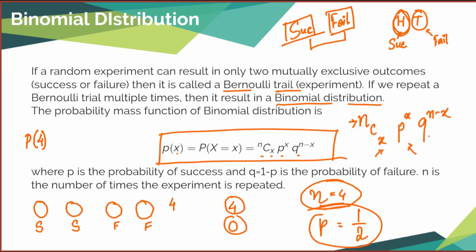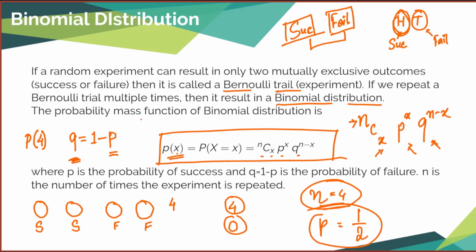In such a case, the probability of success will be different. And what is q? q is equal to 1 minus p. q is called the probability of failure, the reverse, right? p is called the probability of success, q is called the probability of failure. So if you place all the values in this formula, you will get the probability of x successes, right?